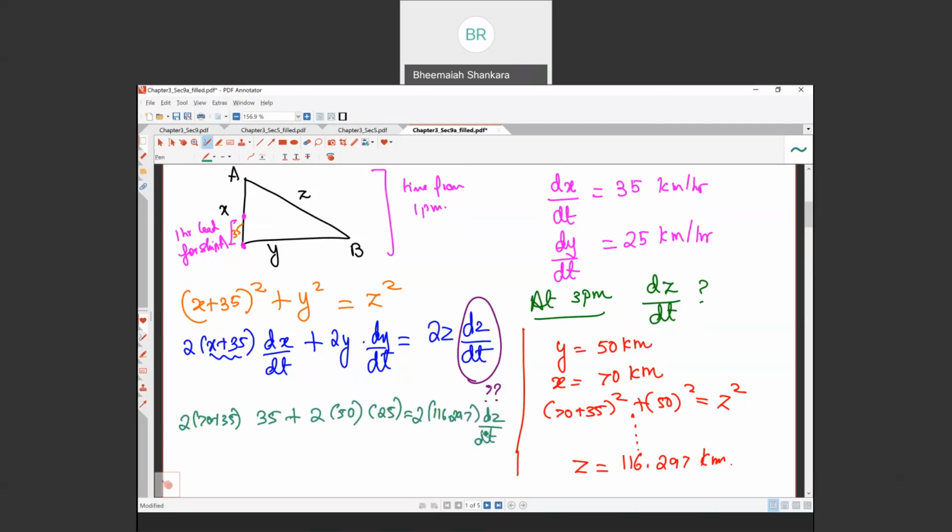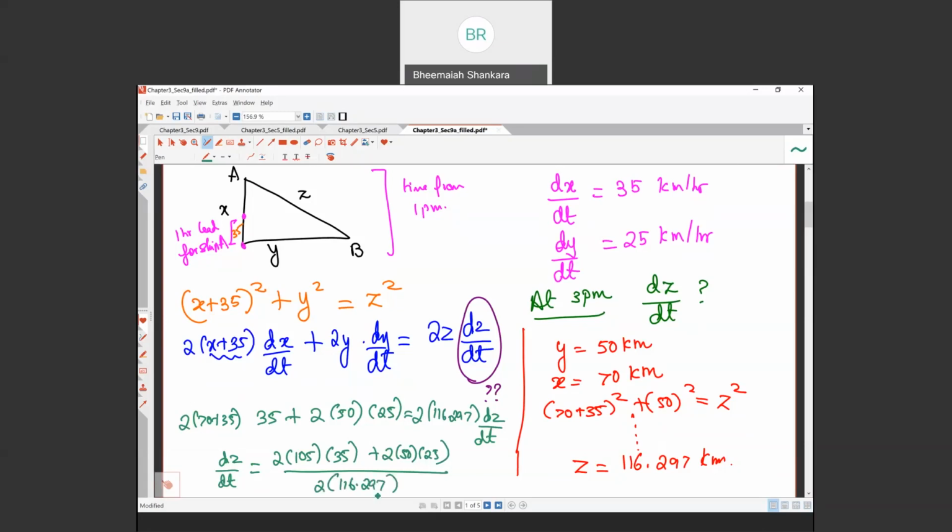So simplify this expression for the derivative value. You have dz over dt equals (2 times 105 times 35 plus 2 times 50 times 25). Bring the coefficient in the denominator: 2 times 116.297.